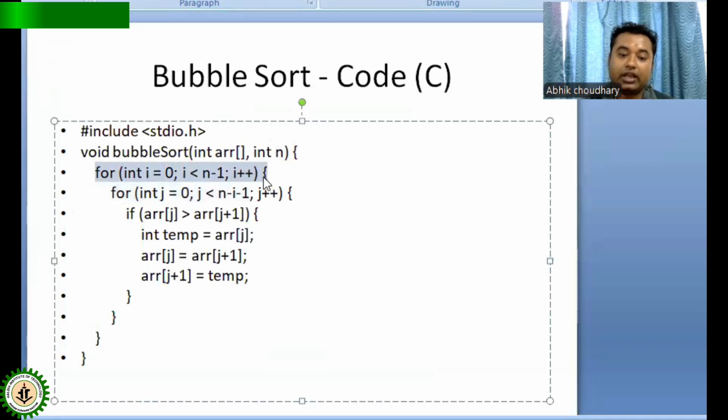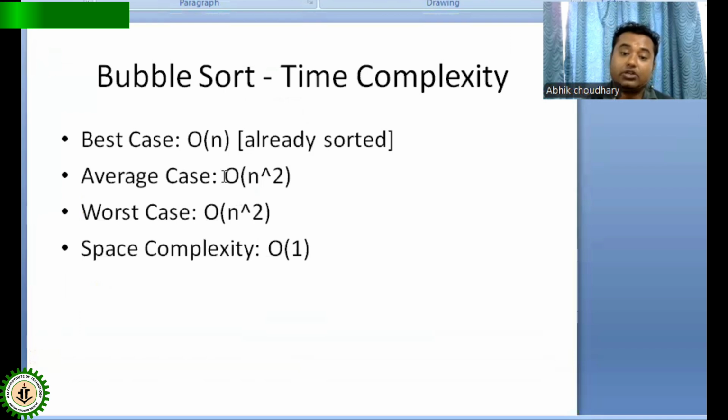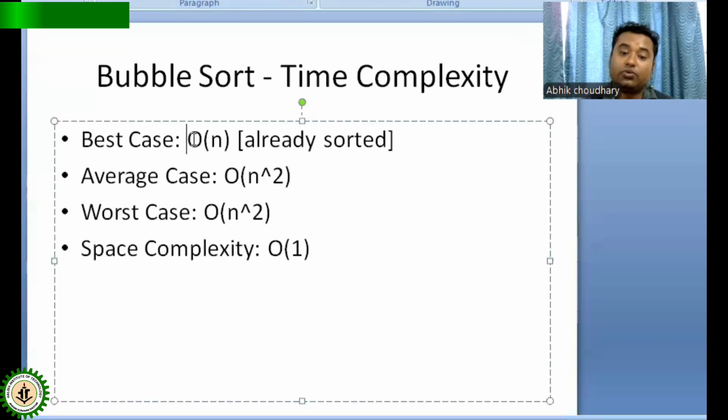You have to check every element in the array, and if no swapping is done, it means it is already sorted. So you have to check n times. That's why it is big O of n.